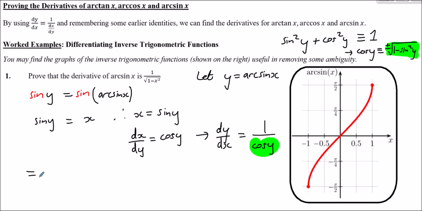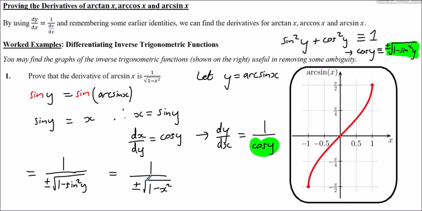So dy by dx is 1 over cos y, where cos y is plus or minus the square root of 1 minus sine squared y. So that's 1 over plus or minus the square root of 1 minus, well, what was sine y defined as? Well, sine y is x, therefore sine squared y just means x squared.